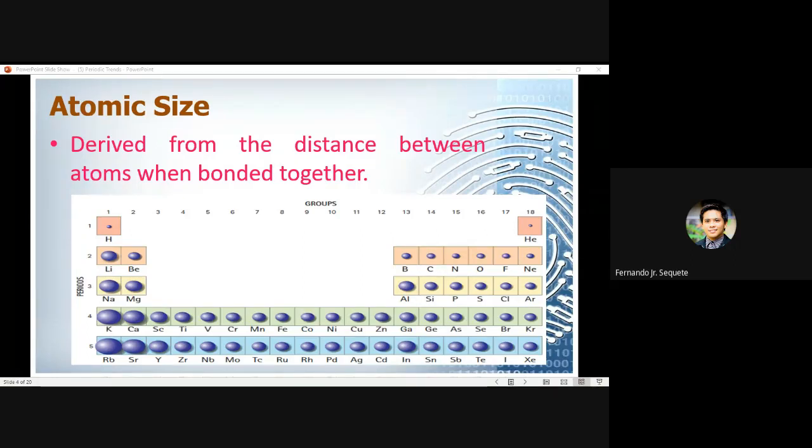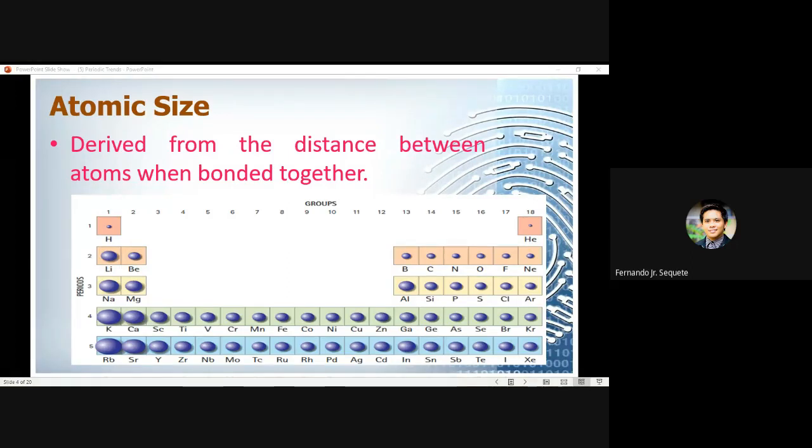If you look at the figure there, you would notice big circles. If you look at the size of the circles, you could say that your atomic size is increasing or decreasing from left to right.